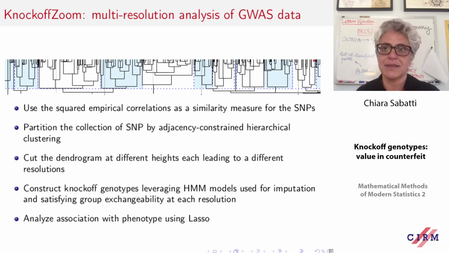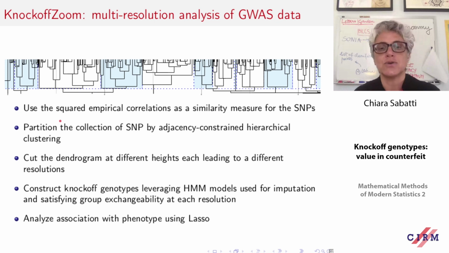Every time there is a meiosis, there is somewhat of a patchwork done of the parental chromosomes to create a gamete. And this patchwork happens so that portions of the genome that are close tend to be inherited together. So this translates at the level of genotypes into correlations between the XJs that are local.